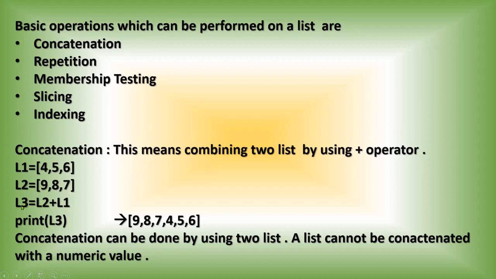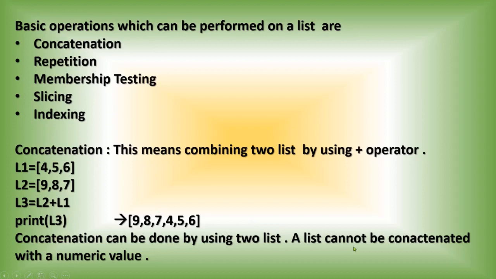L3 is a new list. That means I am concatenating L1 along with L2, and I am trying to print the value L3. So you will get the answer like this. That means L2 is 987, along with the first list 456 concatenated.